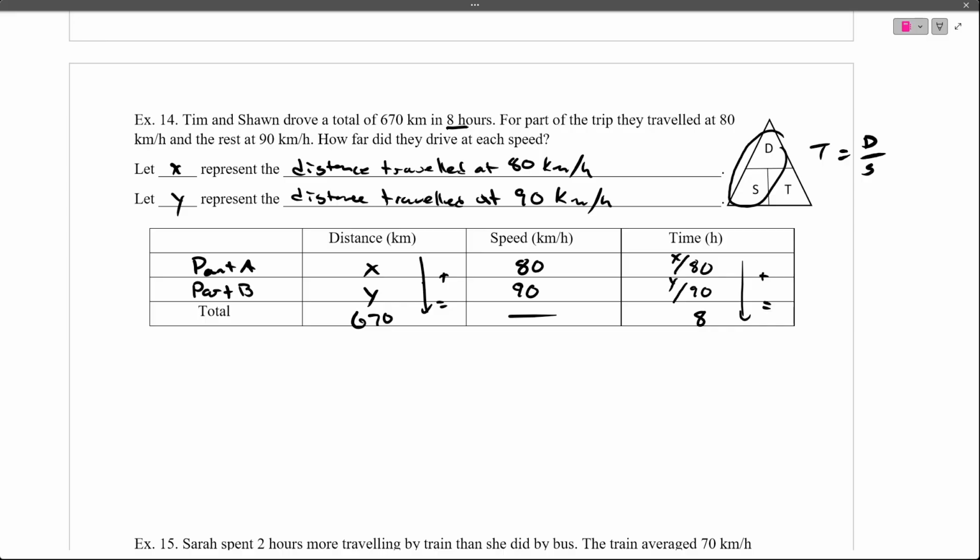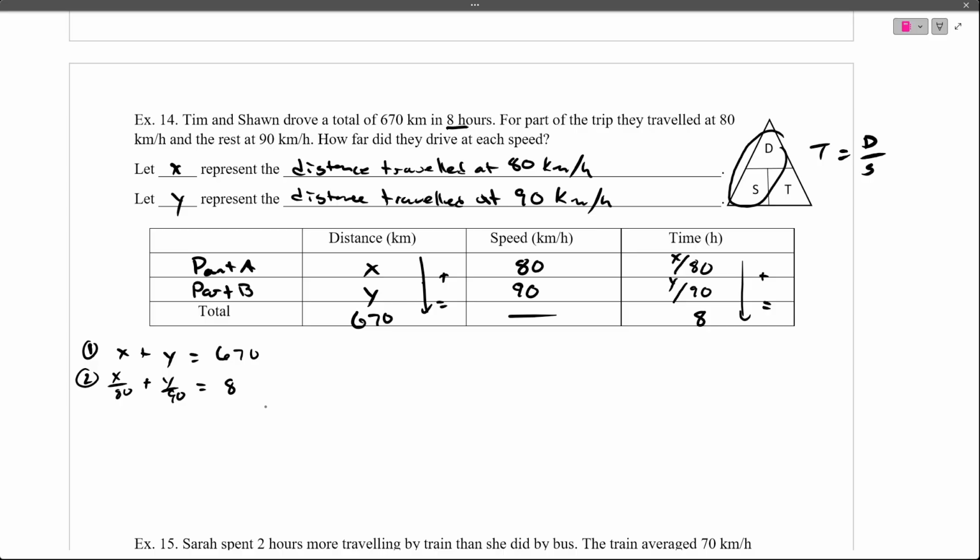Let's go create them and then solve. So equation number 1. We have x plus y is equal to 670. Equation number 2. We have x over 80 plus y over 90 is equal to 8. Now, obviously, those are not great.